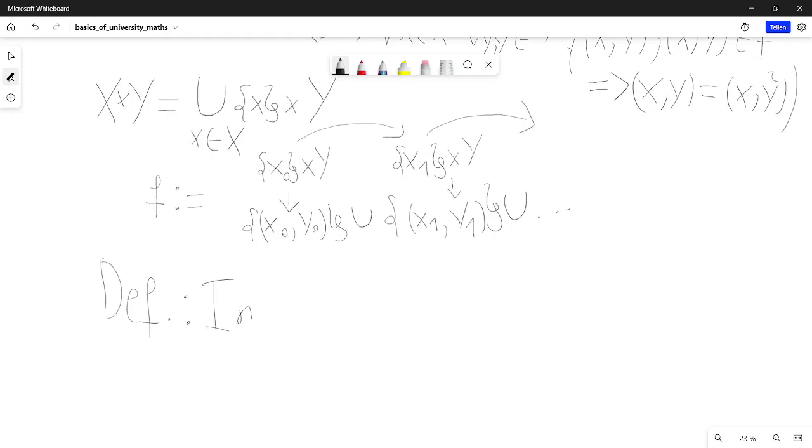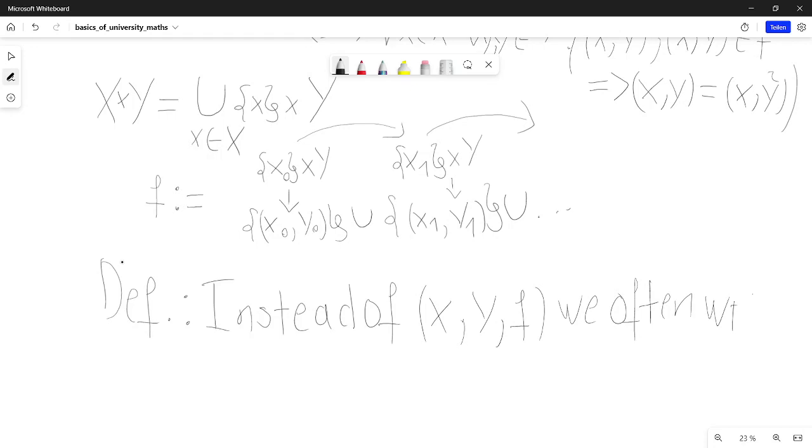Instead of domain, value space, map, we often write.